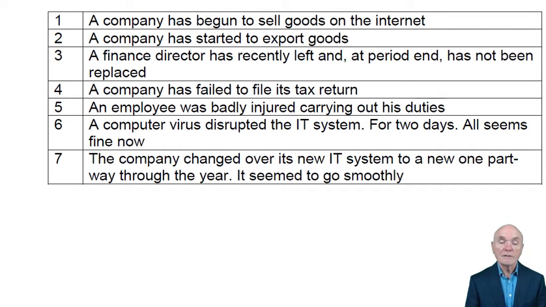A company started to export goods. Main problems here is what happens to goods in transit. Could they get damaged? If we're exporting goods, we're presumably getting foreign currency coming in. So it raises how do you treat foreign currency in the financial statements.